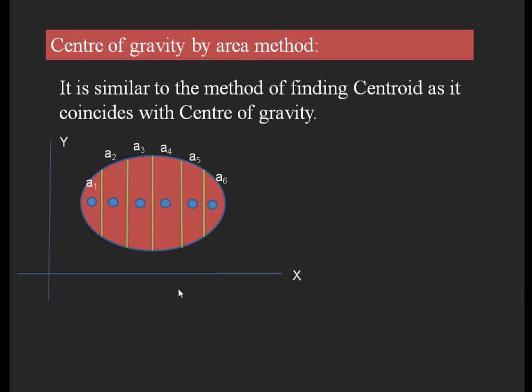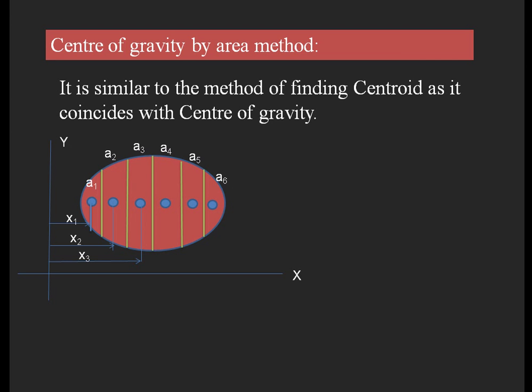Now I want to represent the distances: x1 for area A1, x2 for A2, x3 for A3, similarly x4, x5, x6. These are the x-directional distances of the center of gravity or centroid position of each of the 6 parts. Similarly, y1, y2 up to y6 we also need to represent, that is, the distance with respect to the x-axis along the y direction.